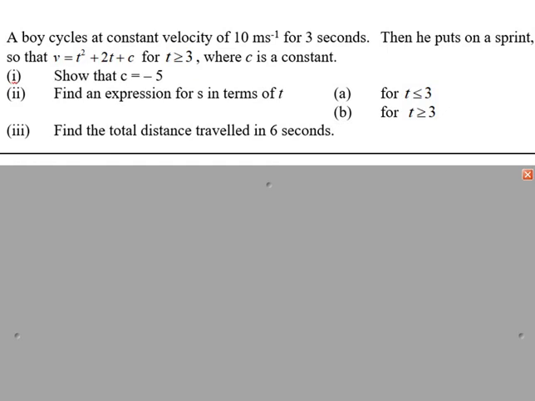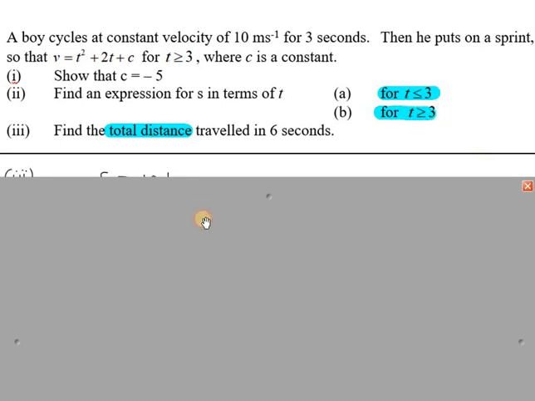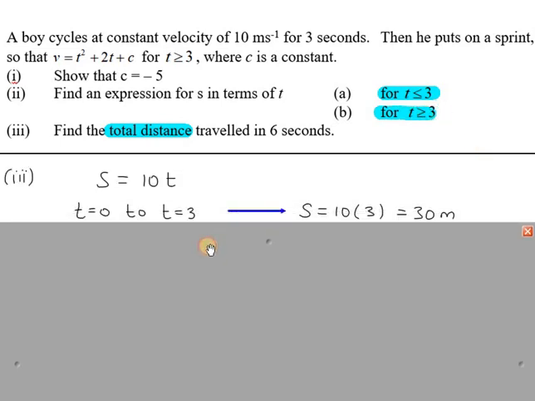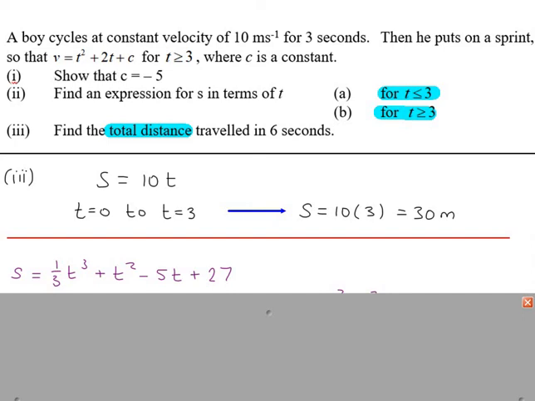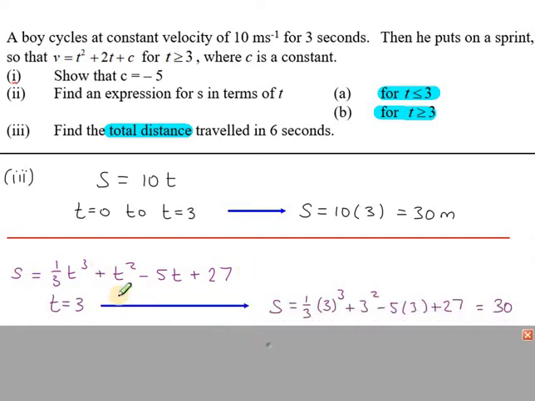The total distance travelled is a combination of what happens in the first 3 seconds and then what happens in the next 3 seconds. So in the first 3 seconds, using this formula, 30 meters. In the following 3 seconds, using this formula, so at t equals 3, the formula is giving us 30 meters.